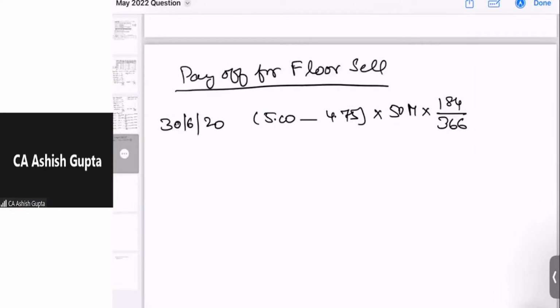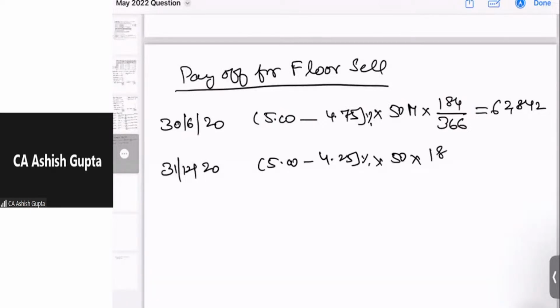We have to take 366 days. So this payoff we have to make.